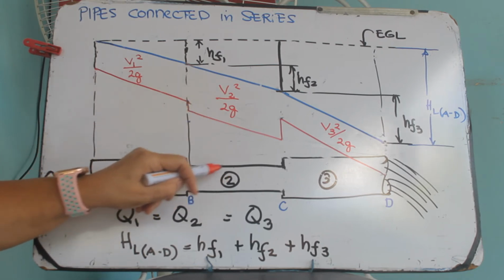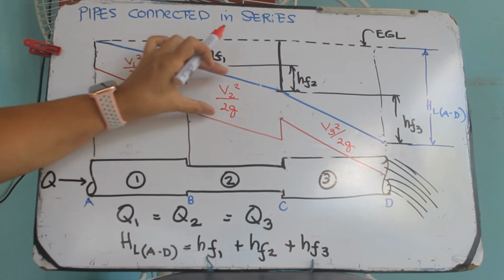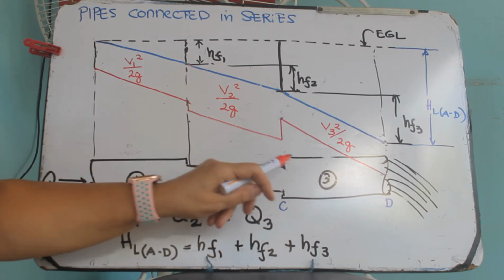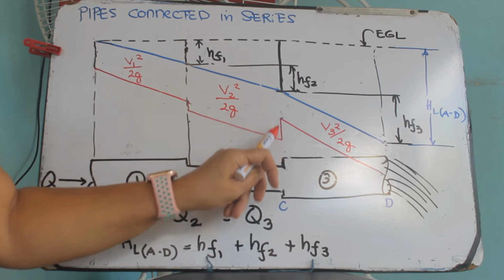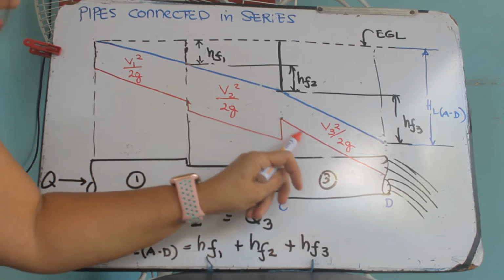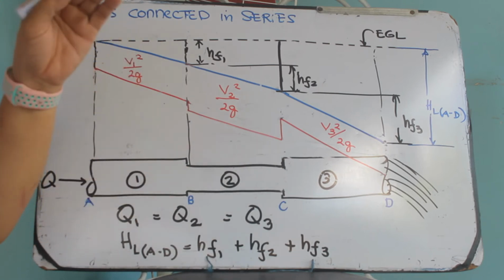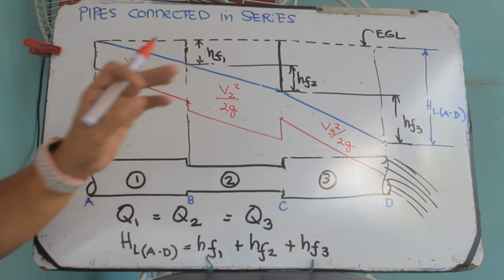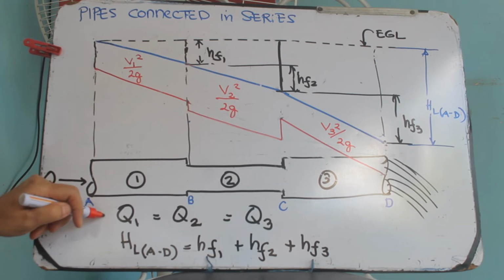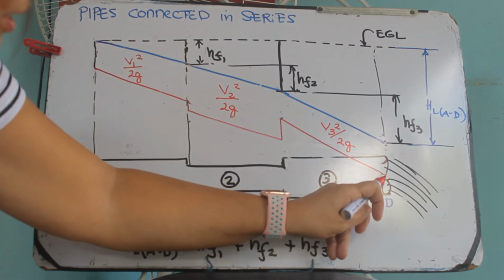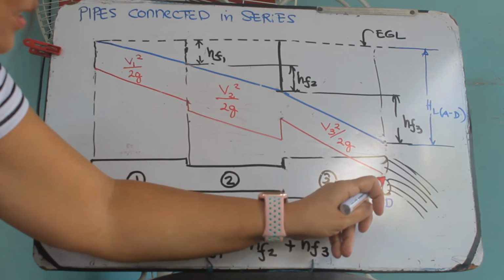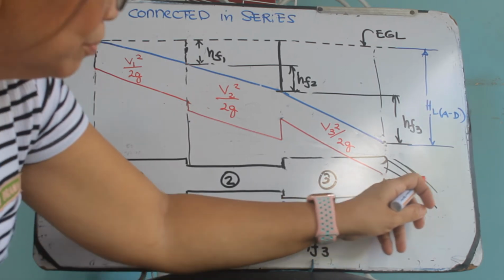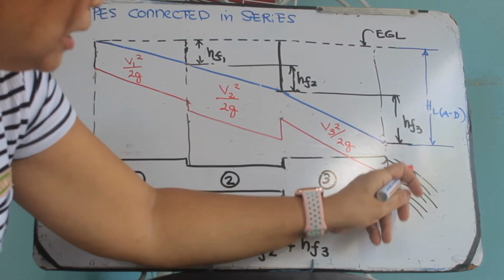So of course the velocity is larger, so the hydraulic grade line drops, since there is a larger velocity head. Then at this point, it is connected to a larger pipe 3. So the velocity slows down, and our hydraulic gradient rises. So it rises or drops depending on changes in velocity. At this point, the only head that the fluid possesses is the velocity head, because, with our datum here, this is the only energy left.